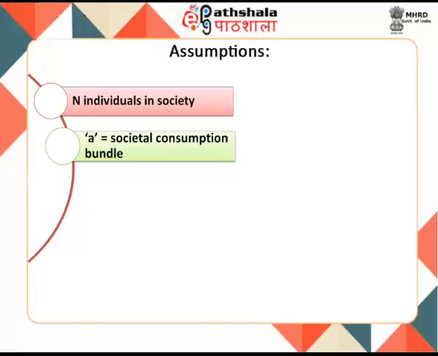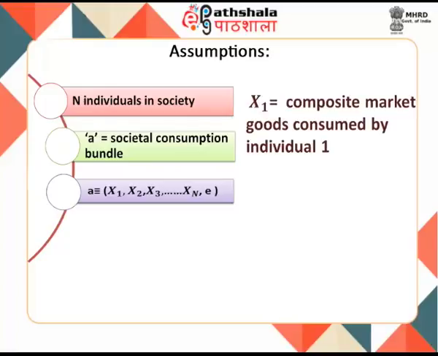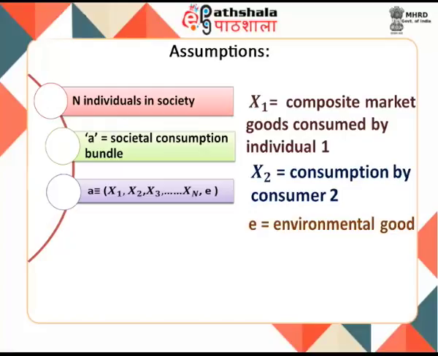If A represents a societal bundle such that A = (x1, x2, x3, ..., xn, E), where x1 is the composite market goods consumed by individual 1, similarly x2 by consumer 2, and so on, E is the environmental good collectively consumed by all.